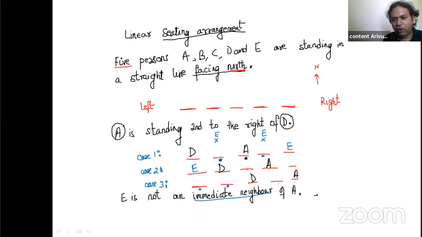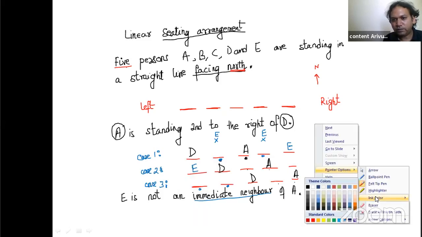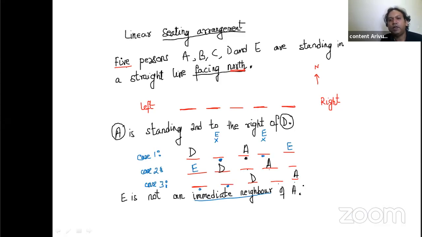If I add one more piece of information here, that E is not standing at the extreme ends of the line.